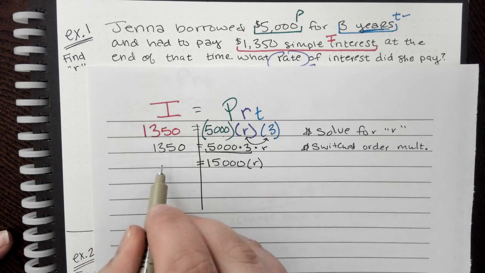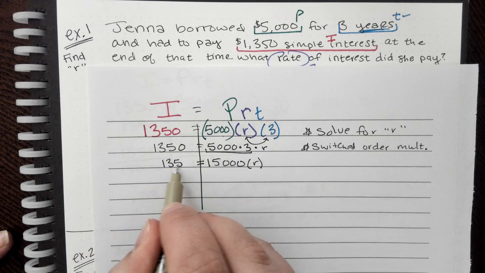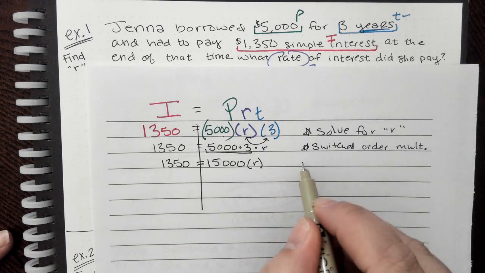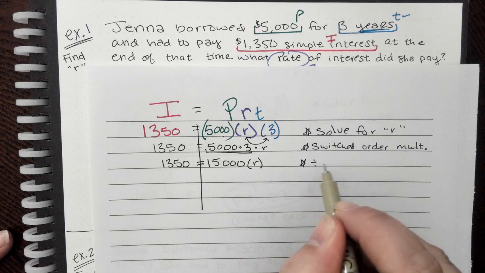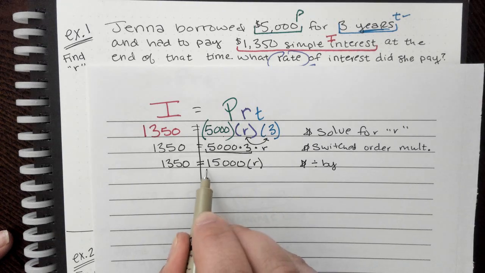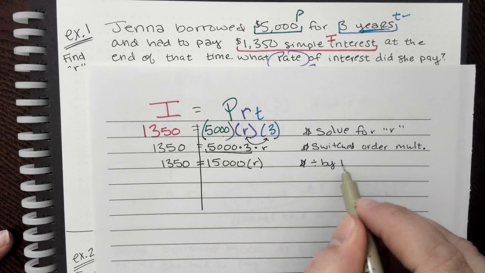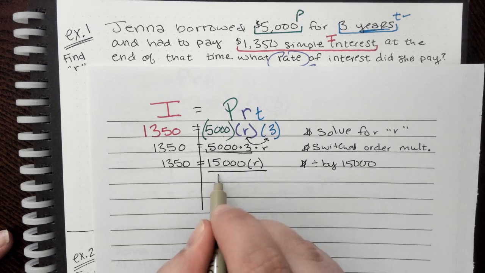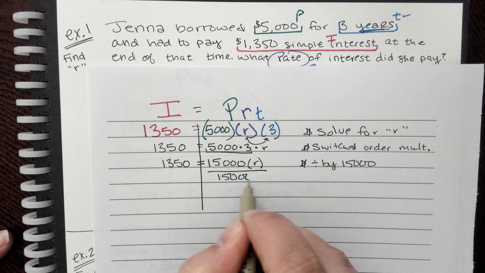On the left side, we still just have that 1,350. Now this is just an equation that you guys know how to solve for R already. To isolate R, we should divide by its coefficient, which is 15,000. We can write our division like fractions.